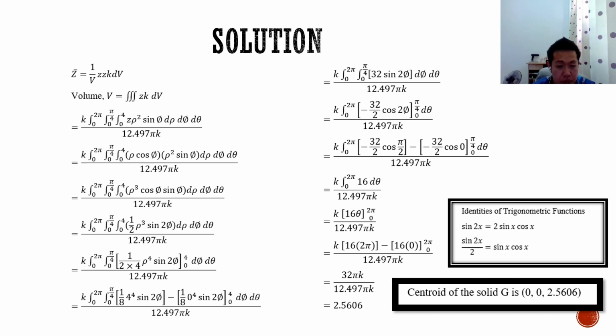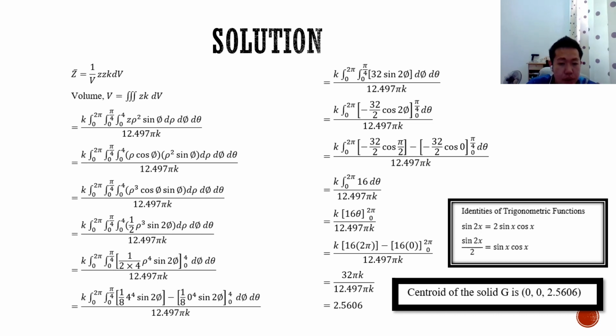Okay, so repeating the same steps, we can find the moment of volume of z, which is with respect to the xy plane. By repeating the same steps from rectangular coordinates to spherical coordinates, we get rho cubed cos phi sine phi. Then from this we use the trigonometric identity sine 2x equal to 2 sine x cos x to simplify it.